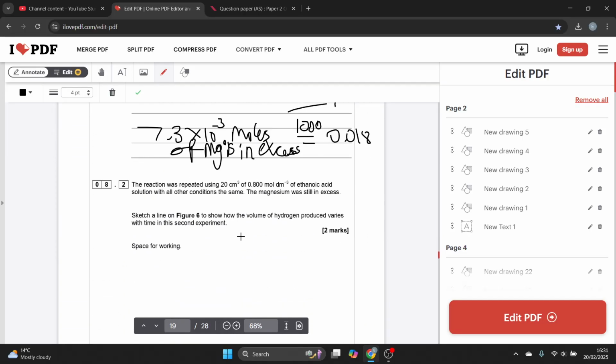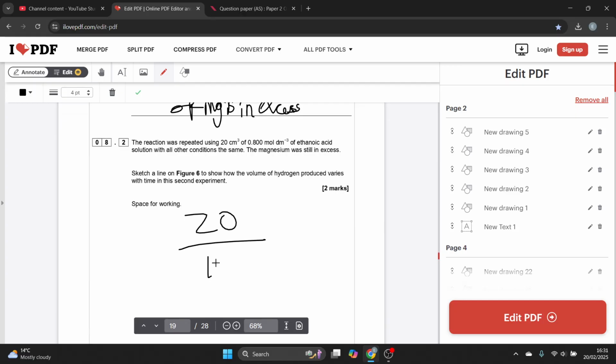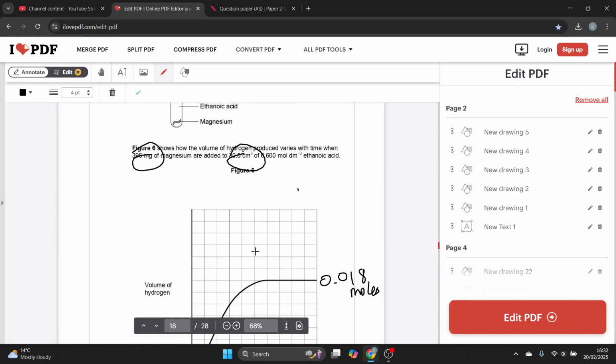Then work out the moles of this. That's why it gives us space for working. Concentration times volume, times 0.800, which is 0.016. What's the difference between that?